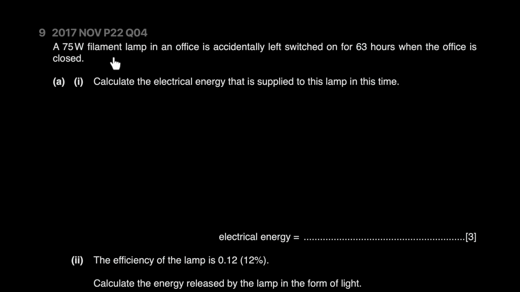A 75-watt filament lamp in an office is accidentally left switched on for 63 hours. When the office is closed, calculate the electrical energy that's supplied to the lamp. We know the power, and the work done, or energy, is power times time.